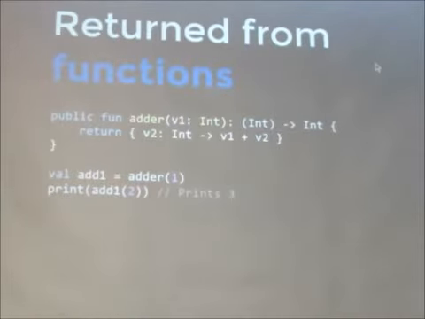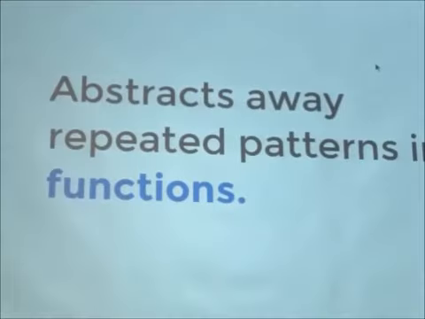But you can also do something like this, where you have a function, in this case adder, which takes in a value and generates another function which can be applied to a value to add this to. So for example, we can say adder of 1, which generates a function called add1, which you can use to add 1 to any other number. And this is another example of a higher order function.